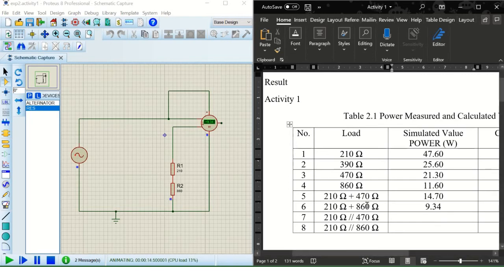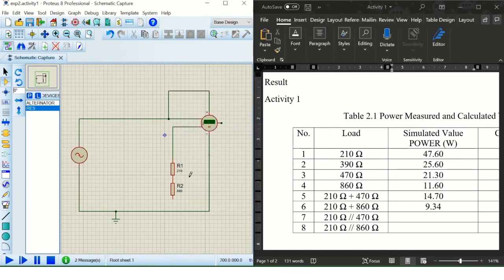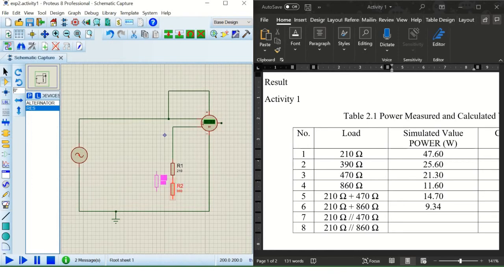Okay, now for the 7 and 8, the loads are in the parallel configuration. So what we should do is change the configuration. Remember, when changing the value or the configuration of a component in the circuit, we must stop the simulation. So we change the position of R2 from series to the parallel configuration.